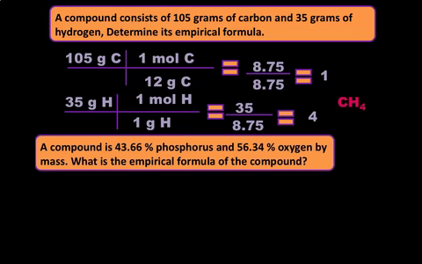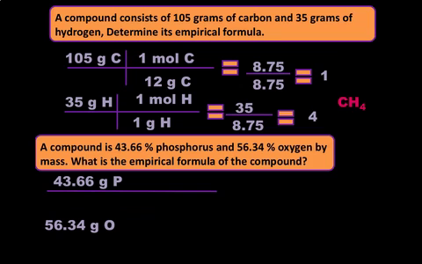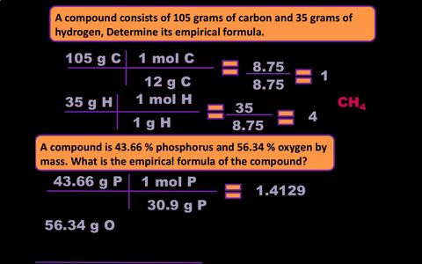A compound is 43.66% phosphorus and 56.34% oxygen by mass. What's the empirical formula? We can do the same thing and just change those percentages to grams. So I have 43.66 grams phosphorus and 56.34 grams of oxygen. I'm going to use the gram formula mass, which is 30.9 grams for phosphorus, and I get 1.4129 moles of phosphorus.